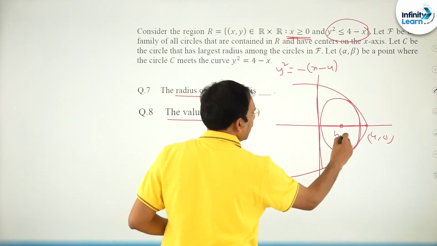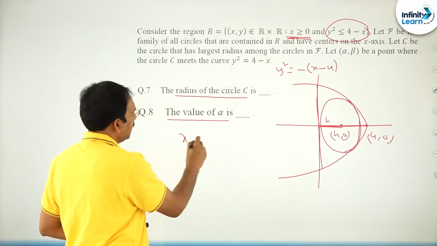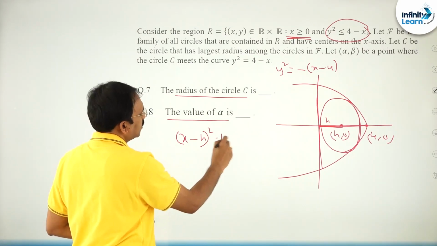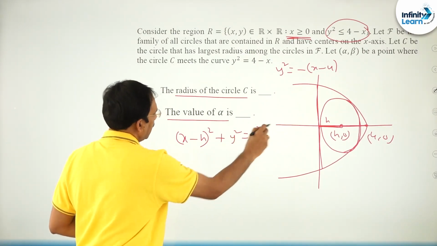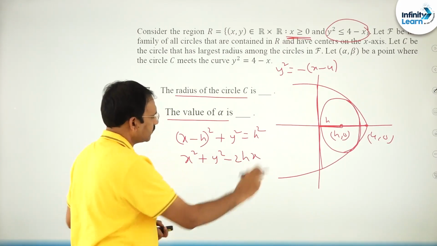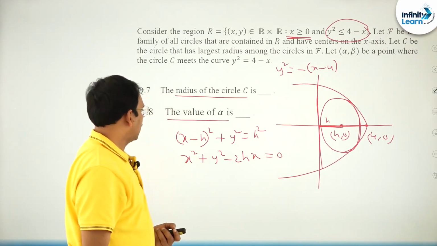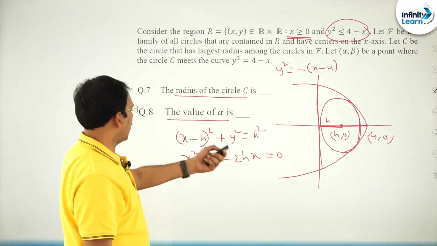Suppose its center is h comma 0, obviously the radius will be h. You can take the circle equation like x minus h whole square plus y square is equal to h square. So, you will get x square plus y square minus 2hx is equal to 0. There is no constant term, h square gets cancelled.